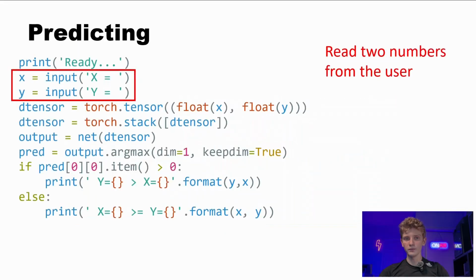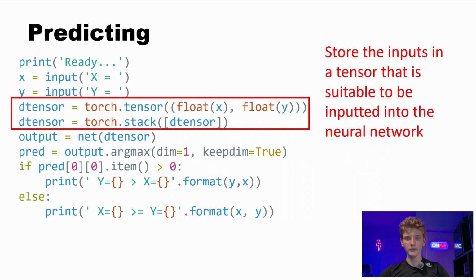So here's the code. We have it set up to make a single prediction based off of a pair of inputs that the user gives. The first line simply reads two numbers from the user that we store as x and y. We then store those inputs in a tensor. Remember, tensors are the primary data structure that PyTorch and similar libraries use to store data.